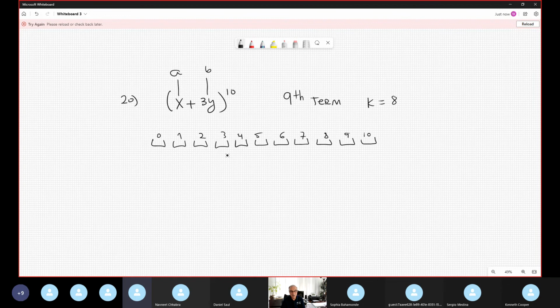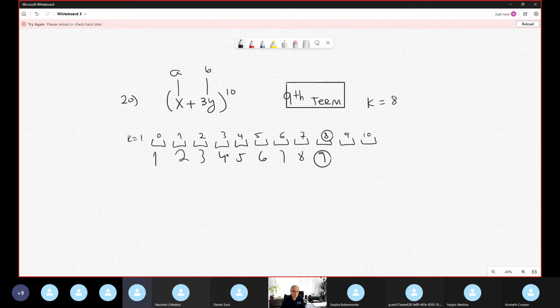So, this is the 9 term, but this is K equal 8, 1 less than. Because this is K, however, this is the first, this is the second, third, fourth, 5, 6, 7, 8, 9. It's the guy that I need, that I want, the K is 8. More clear now?